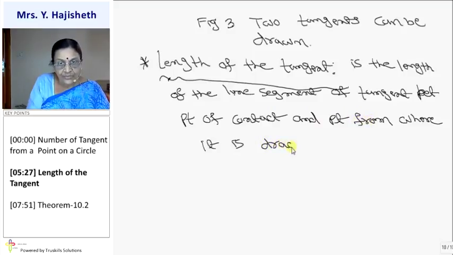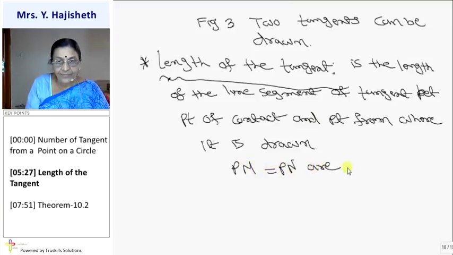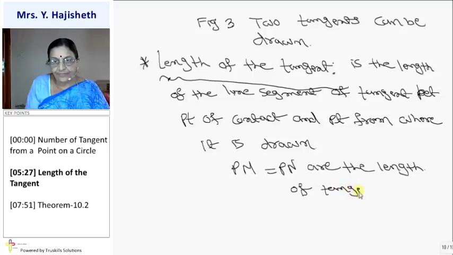So in figure 3, PM and PN are the lengths of the tangents, and they are always equal. The lengths of tangents from P are of equal length.